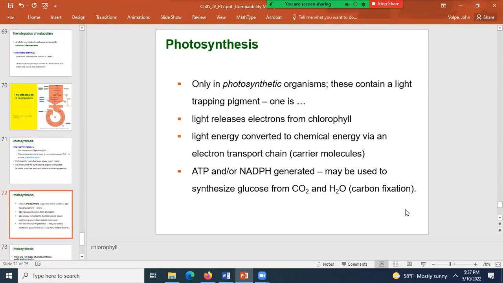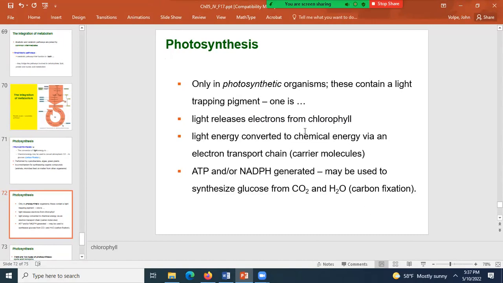Only photosynthetic organisms can engage in photosynthesis. These organisms contain a light trapping pigment. One such pigment you know is chlorophyll. Light releases electrons from chlorophyll, and then the light energy is converted into chemical energy via an electron transport chain. And we'll talk briefly about that.